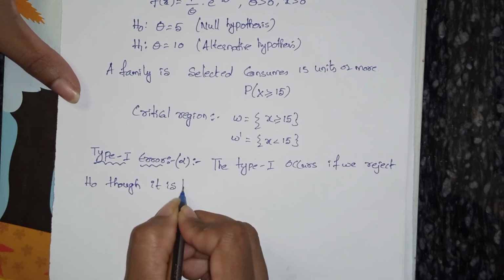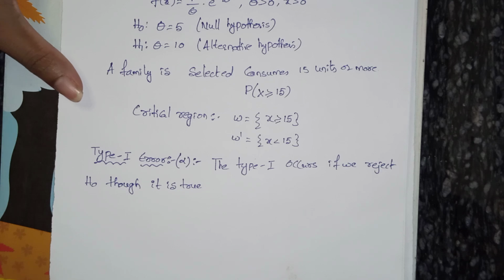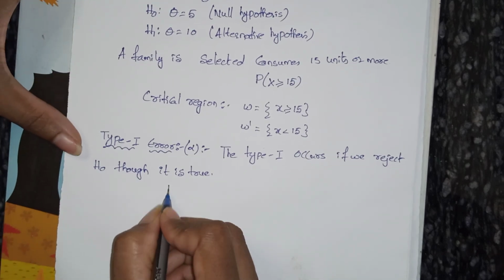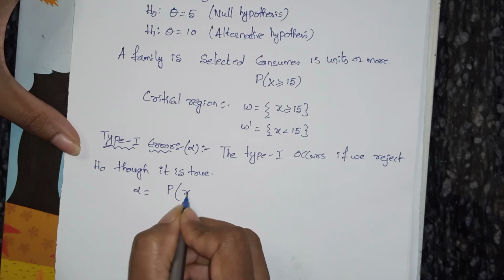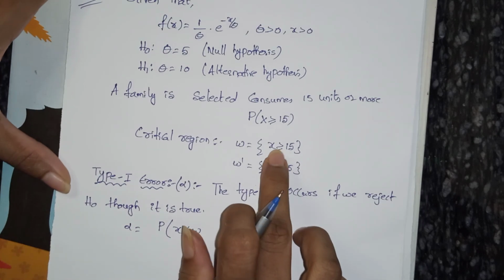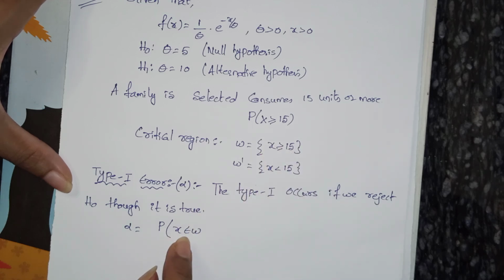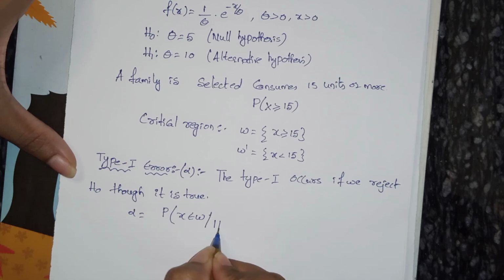That means the value of x is true, yet we reject that hypothesis. So we can write alpha equals P of x belongs to omega. That means we take in this critical region one value x that belongs to the omega set.